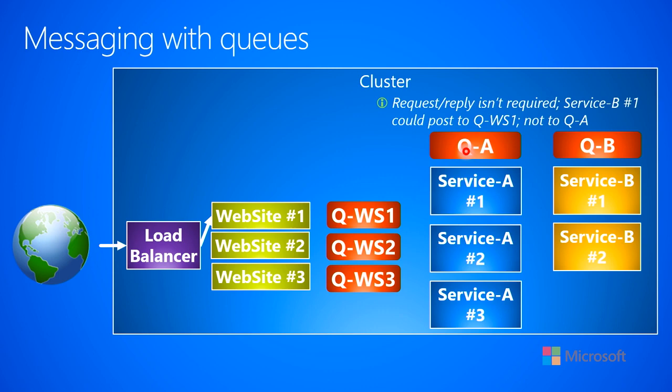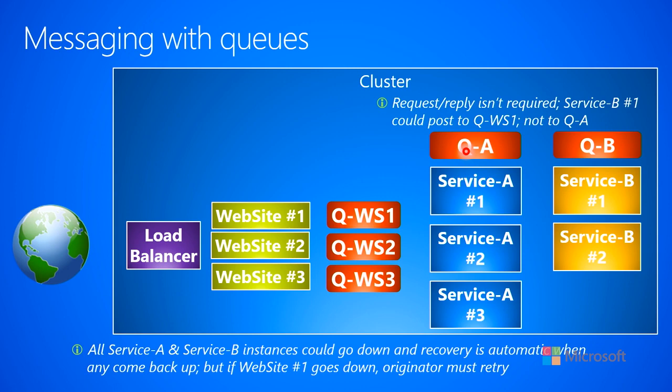Okay, so now that service A queued it up to the queue for website number 1, website number 1 periodically polls its queue, sees that there's a response, knows for which client request this is a response for, and so now the arrows rewind all the way back out, and the client has ultimately gotten a response here. Okay. I also have a note here at the bottom that all service A and service B instances could go down. They could all go down simultaneously.